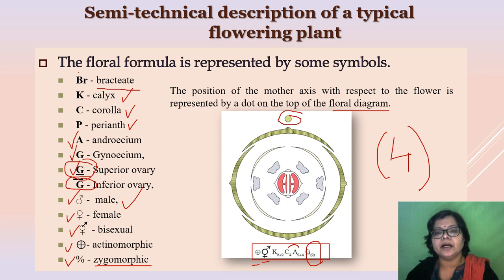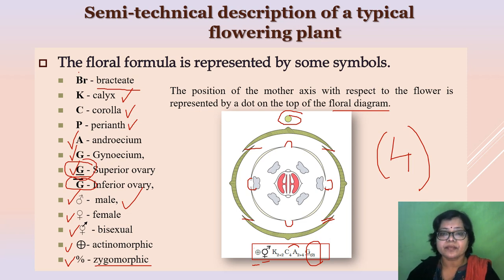Okay, so here we can show that if the petals or the sepals are attached, then we have to join in this way. That represents that they are attached to each other, fused together. Then we have to draw in this way. So whether the sepals or petals are free or not, that can also be understood from this floral diagram.